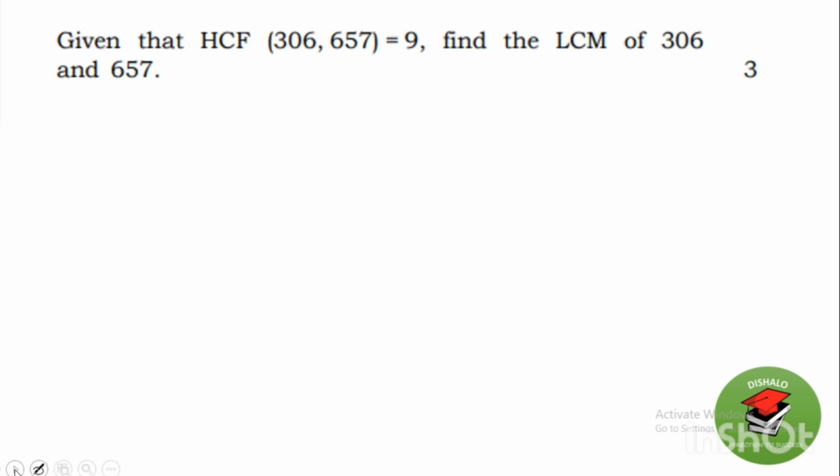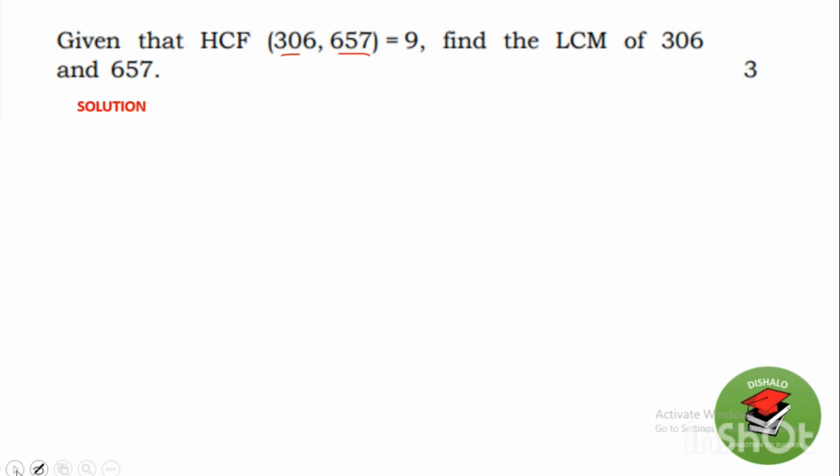Let's see the next question. Given that the HCF of 306 and 657 is 9, you have to find the LCM of 306 and 657.